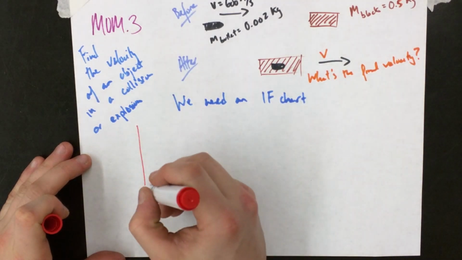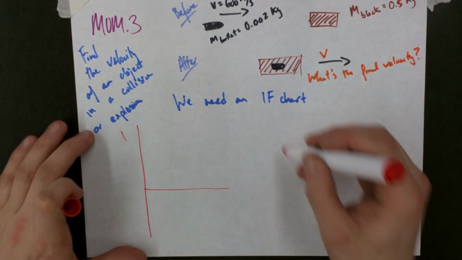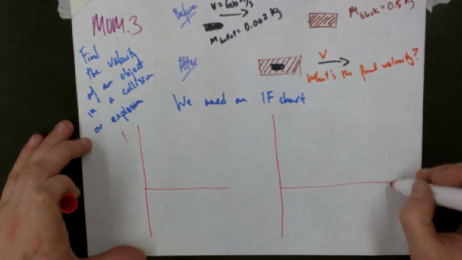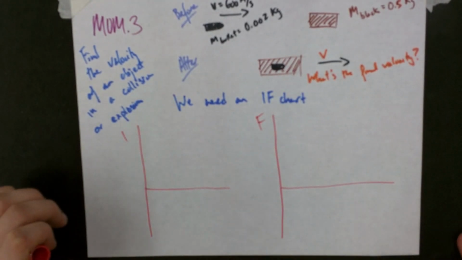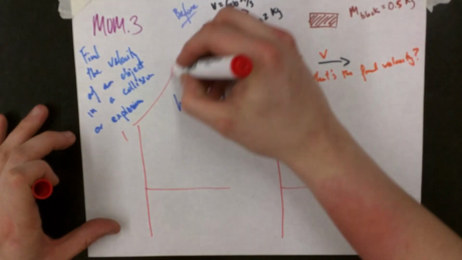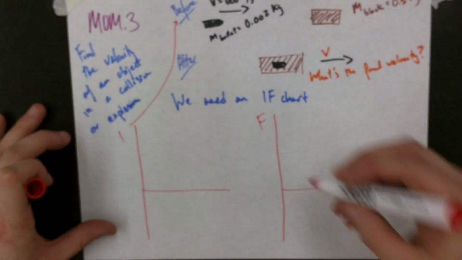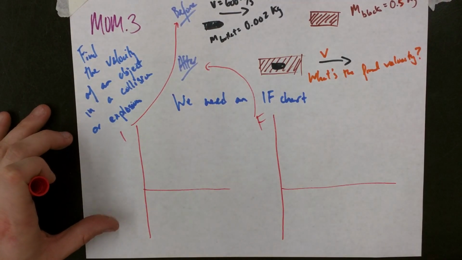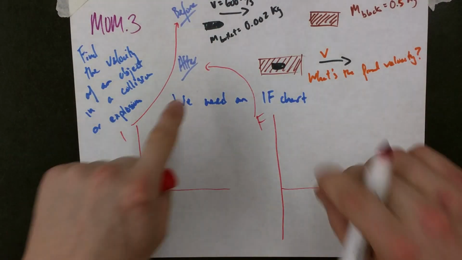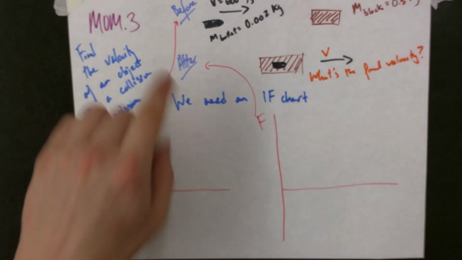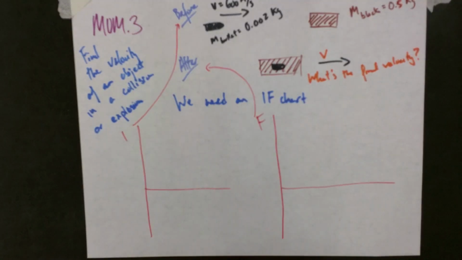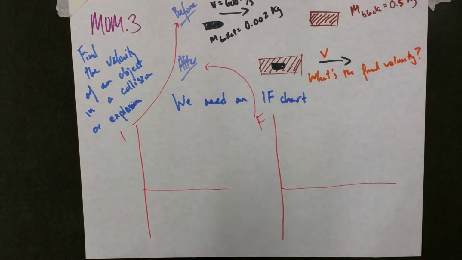Here's my I, here's my F. The I side corresponds with the initial case, and the F side corresponds with the final case, before the collision and after the collision. Before the collision, I have two objects, so I need to make sure that I have two bars on my I side.